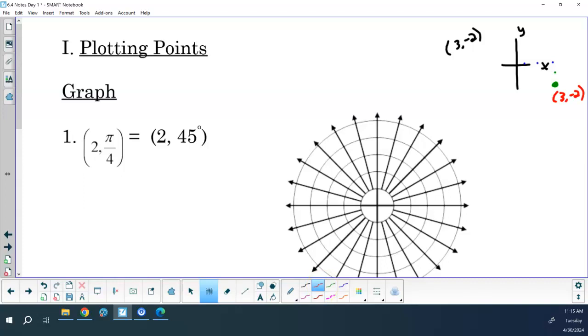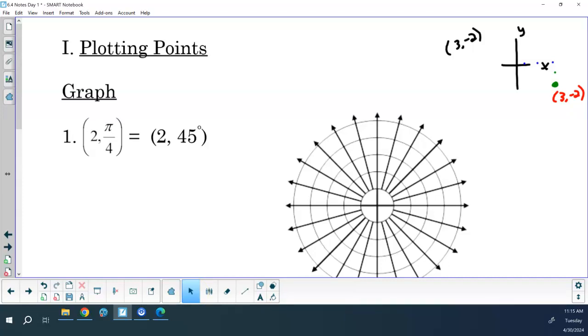Well, on polars now, if I want to plot the point 2 comma pi over 4 or 2 comma 45 degrees, these are both the same point. One's just written in radians, one's just written in degrees.